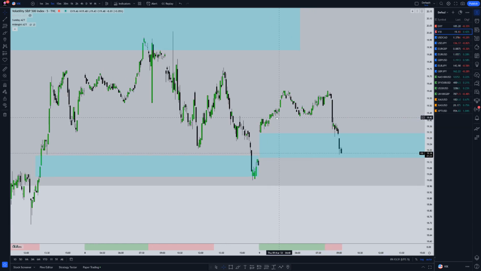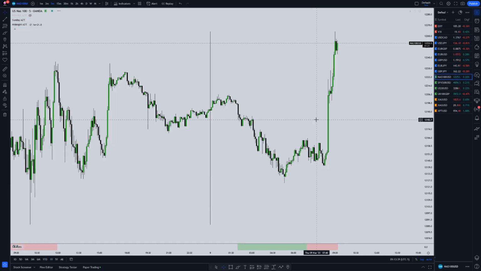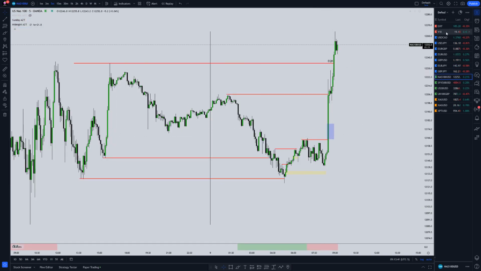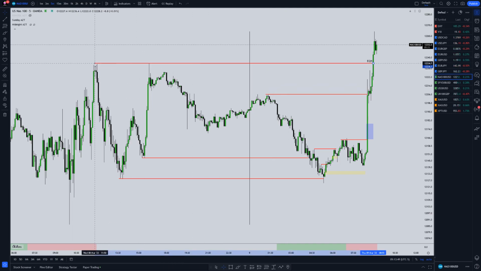So like this, we had a big gap up. If VIX has reason to go down to fill it, indices have reason to go up. But you don't want to blindly follow VIX. You want to have some sort of reason. Today was actually a perfect day to use that example. We had that equal high on NAS, so we had reason to go up, and VIX had reason to go down.